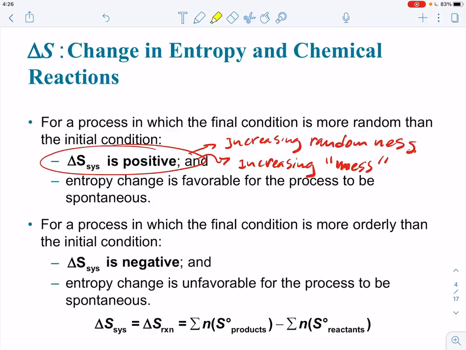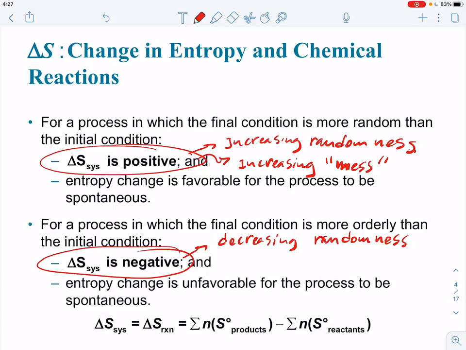Now, in the other case, if the changing entropy of the system is negative, you are decreasing randomness. And to use something that particularly moms do with their children, if you are cleaning the mess, then that's associated with a negative change in entropy.